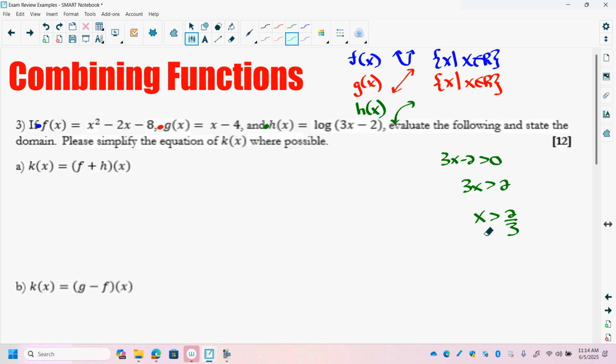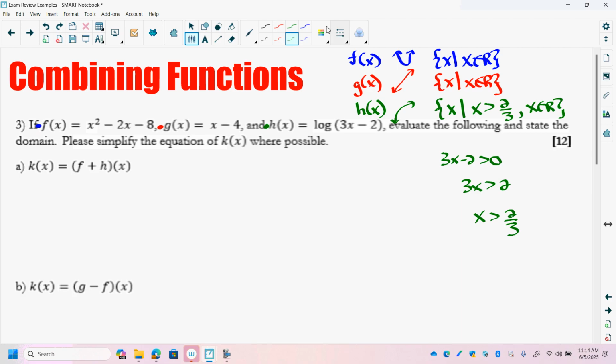I'd flip it. If that said negative 3x is greater than 2, x would be less than negative 2/3. Not the case. My domain is x such that x is greater than 2/3, x belongs to the real numbers. Everyone okay with that?